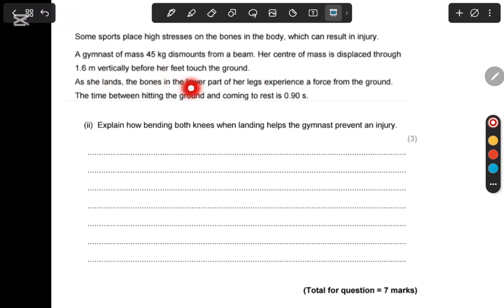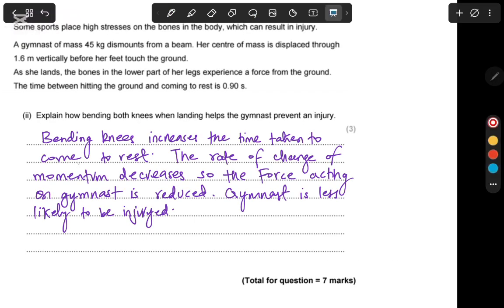Again, then a bunch of information, and then it says, explain how bending both knees when landing helps the gymnast prevent an injury. So I'm going to write the answer down, but the main point here is that when you bend the knees, the time taken to come to rest increases, and so the rate of change of momentum decreases, and basically the force is reduced, and so you're going to have less chance of getting an injury. Okay, so this is going to be your answer.